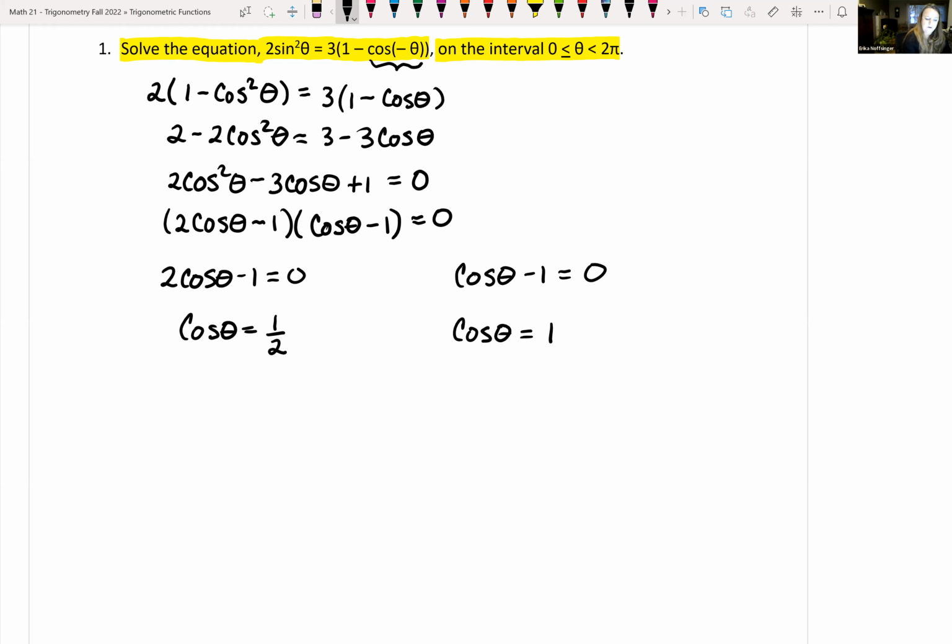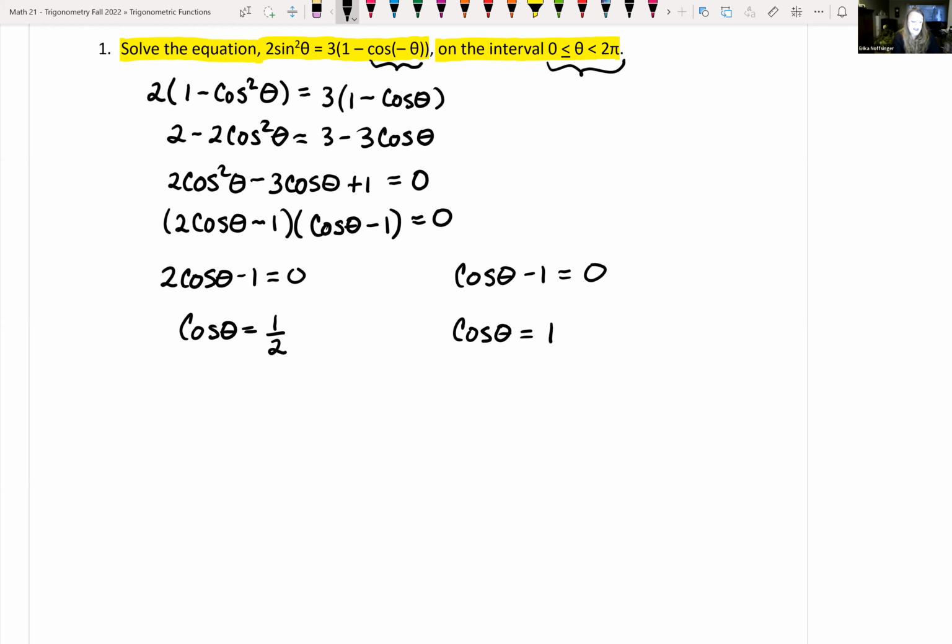I'm only looking for the solutions that fall between 0 and 2 pi for theta. Cosine is positive in two quadrants: the first quadrant and the fourth quadrant. Since my intervals are in terms of radians, I'm going to put my answer in terms of radians.